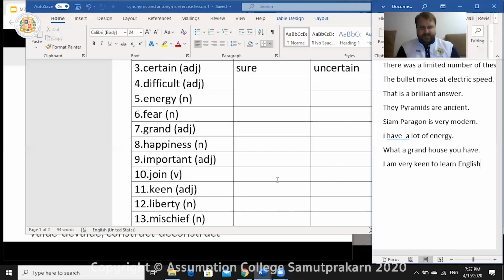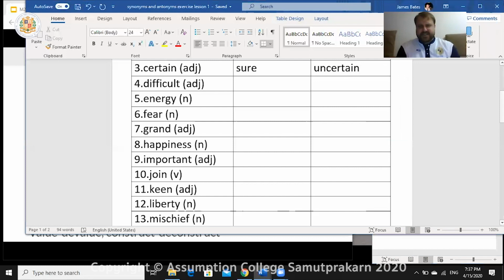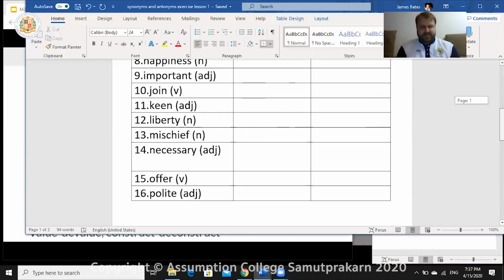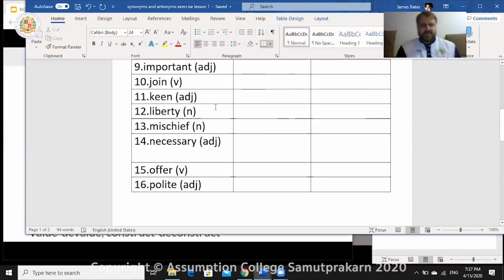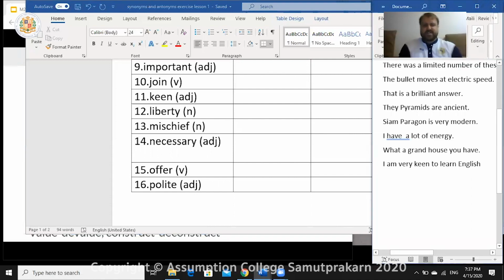Liberty. The Statue of Liberty in America. Liberty. What does that word represent? Liberty. The noun liberty. Mischief. That one's a bit harder. Mischief is to do something, to do mischief.